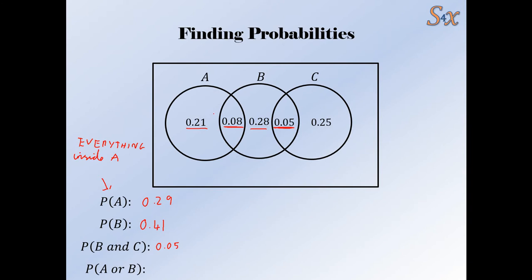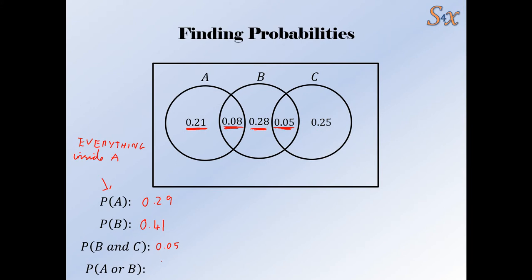A or B, that's the people that are in A or B or in both. So that is this one, this one, this one, and this one. Okay, it includes people that do A and B. In fact, the only people that aren't included are the people just in C and the people on the outside, which we haven't figured out yet.